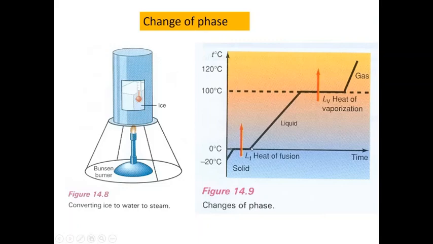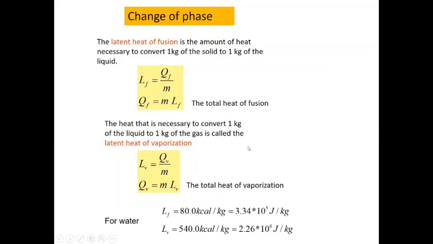So, the amount of heat in this part, we can talk about this change of phase. The latent heat of fusion. What is latent heat of fusion? It is the amount of heat necessary to convert 1 kilogram of the solid to 1 kilogram of the liquid.